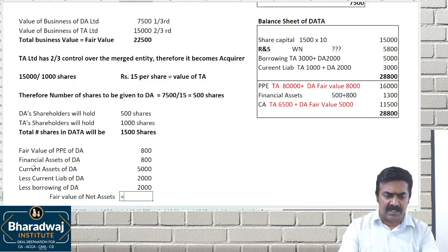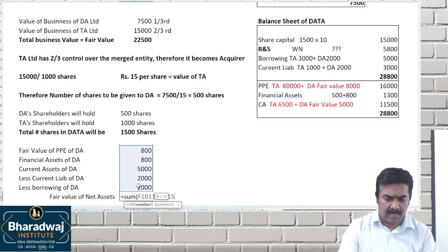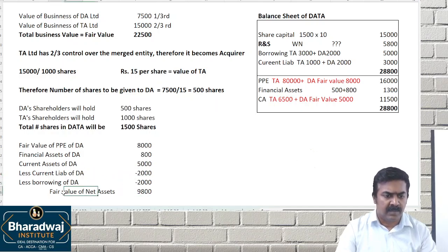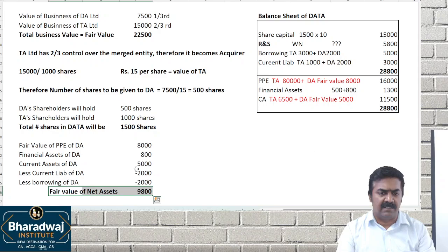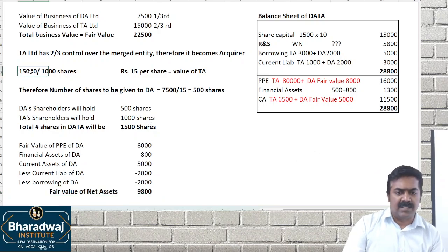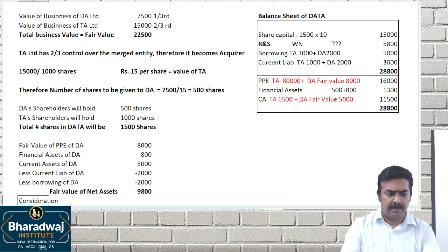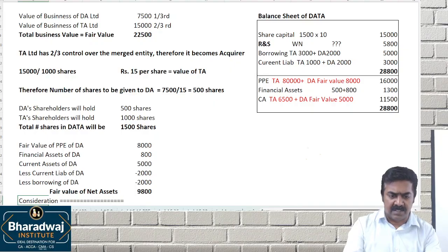What is the fair value of net assets? 9,800 is the fair value of net assets. But what is the consideration paid? Consideration is the fair value of the business.